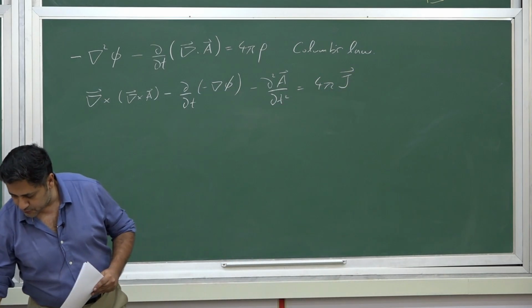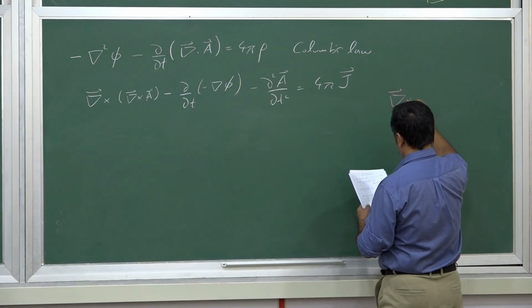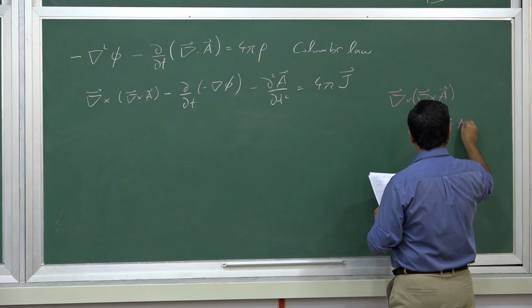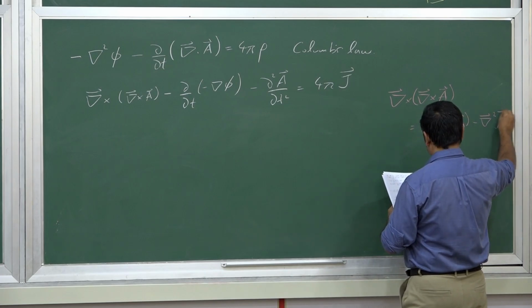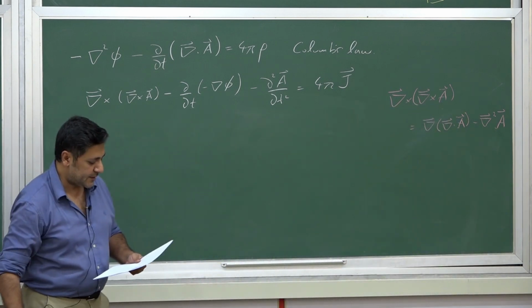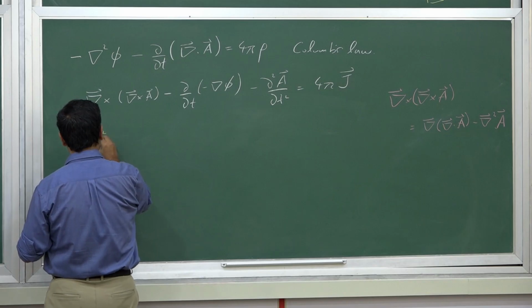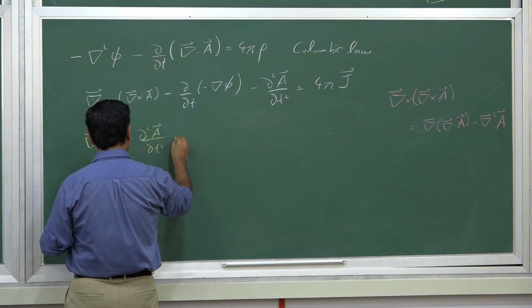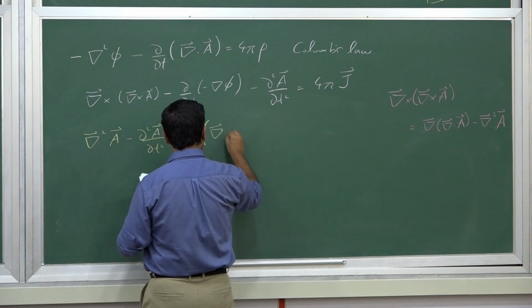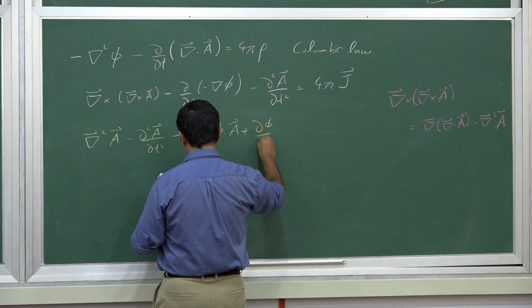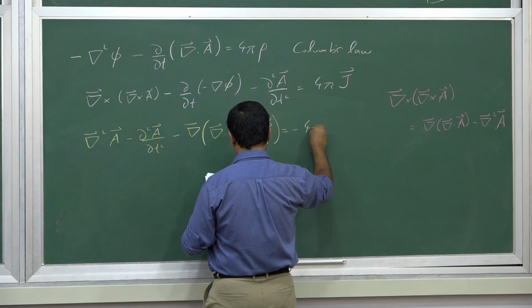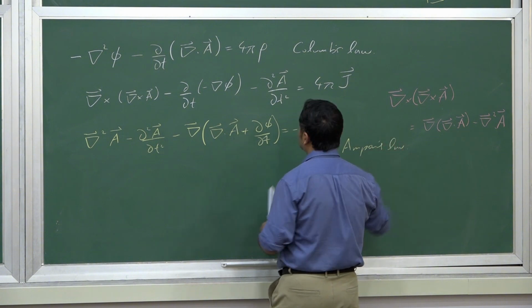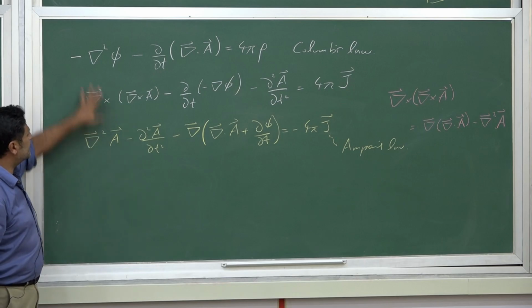And then just using this vector identity, this can be written as... we won't be concerned with these equations much.